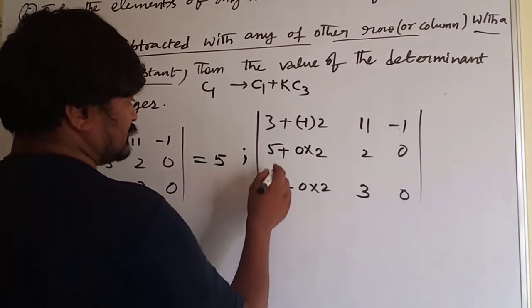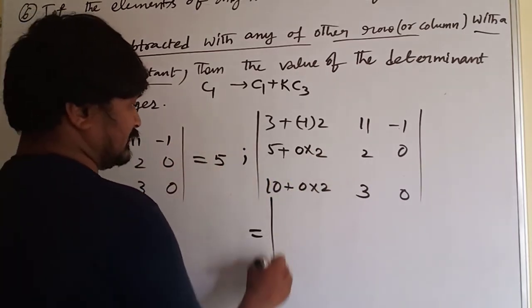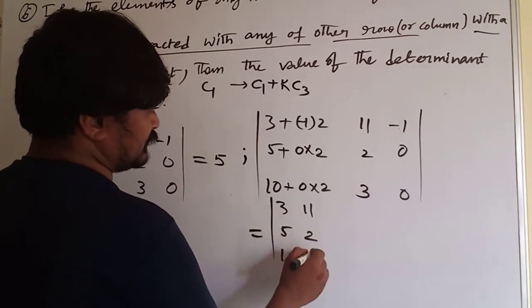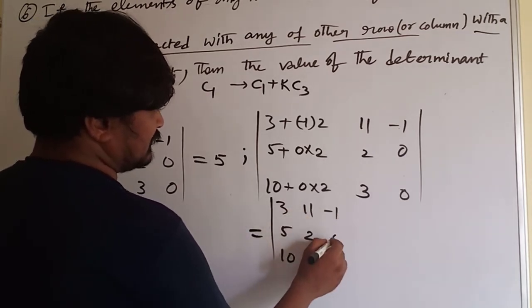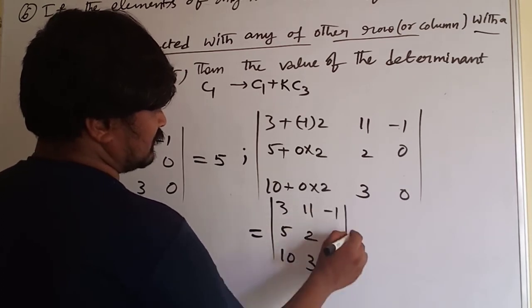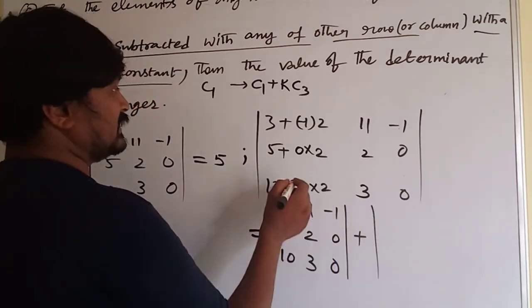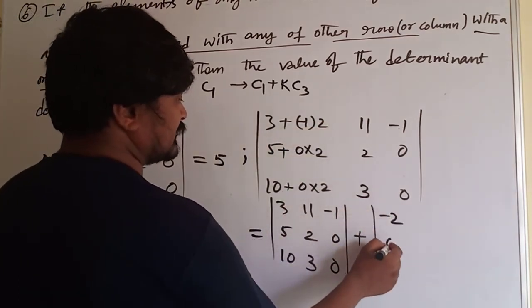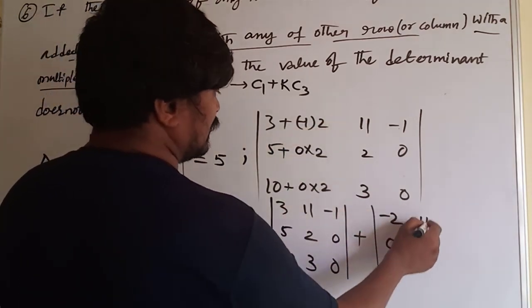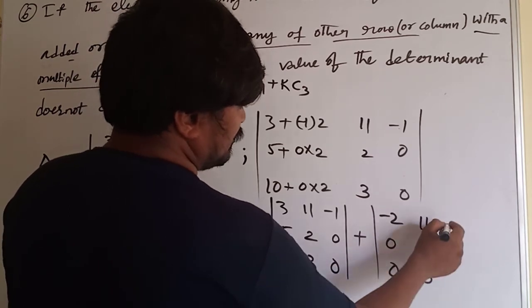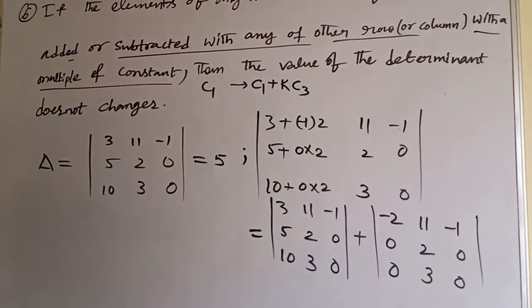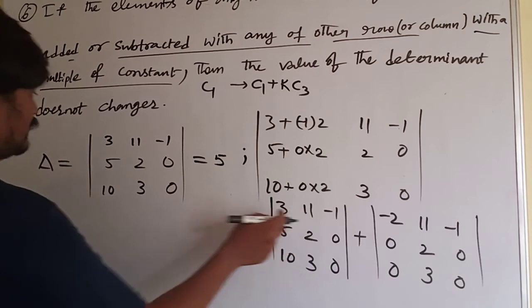Separately I'll write: 3, 5, 10, 11, 2, 3, minus 1, 0, 0, plus another determinant: minus 1 into 2, minus 2, 0, 0, 11, 2, 3, minus 1, 0, 0, according to the fifth property.